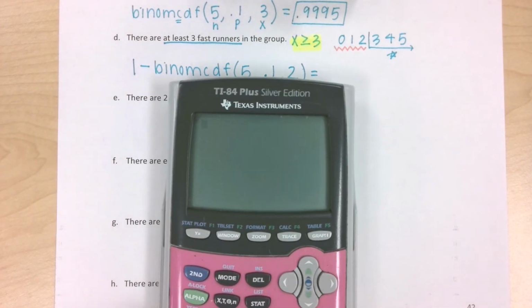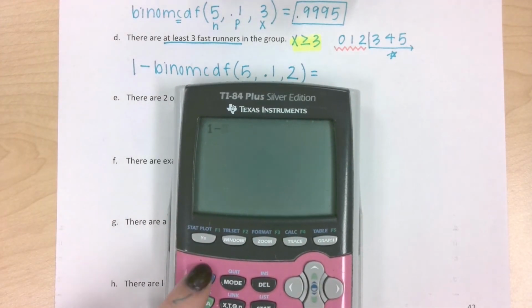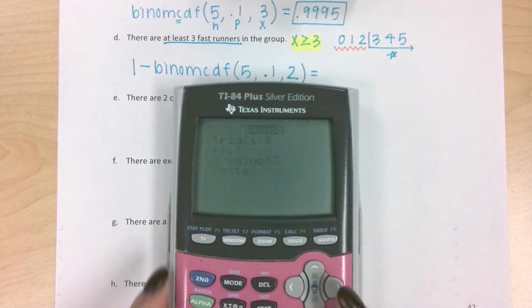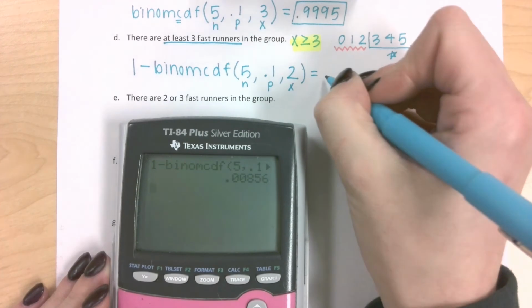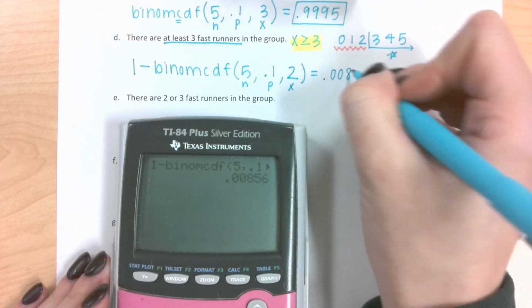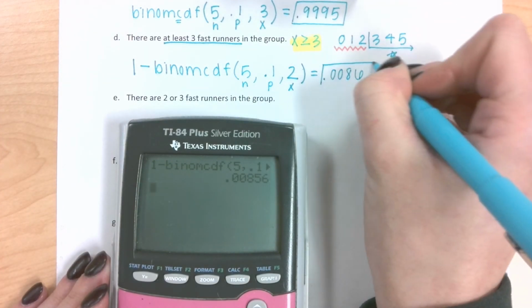So I'm going to type this in just all at once. So I have 1 minus my binomial CDF of 5, 0.1, and I need this to be 2. And we get 0.0086.